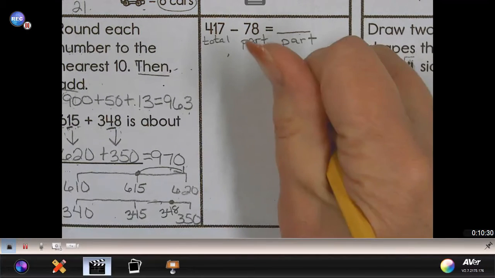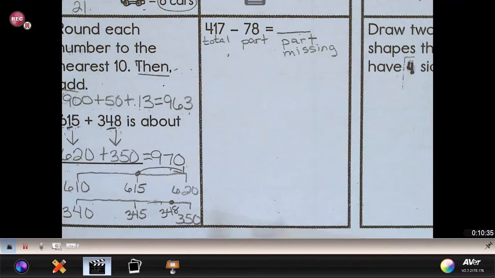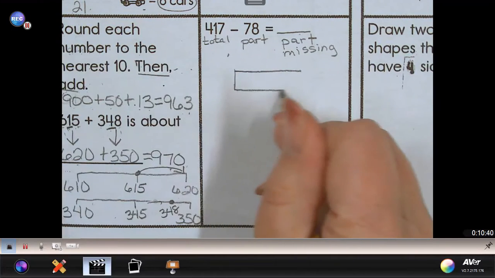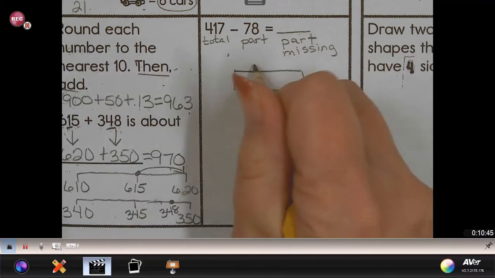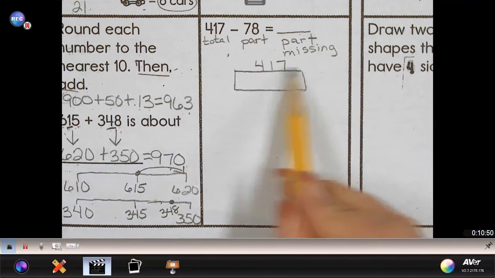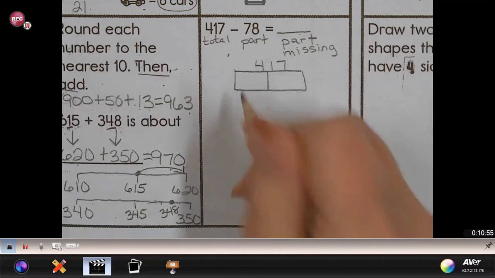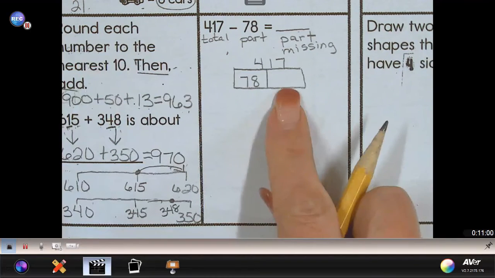So this is my missing part. So if I were to draw, sometimes they call these tape diagrams, or they also sometimes call them a bar diagram. If my whole is 417, the entire amount is being represented by this bar. If I take 78 from that 417, my missing part is what's left over from the 417.